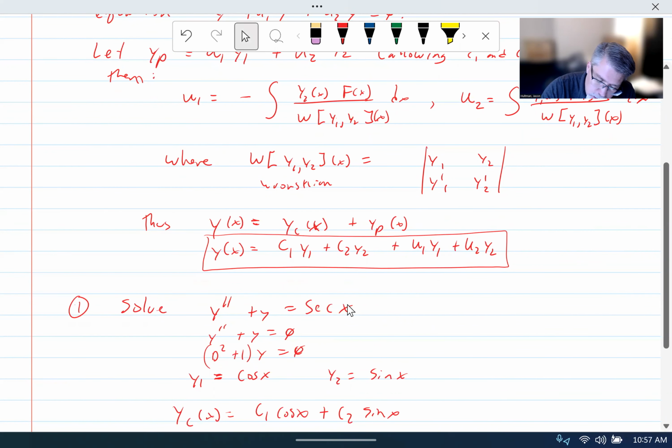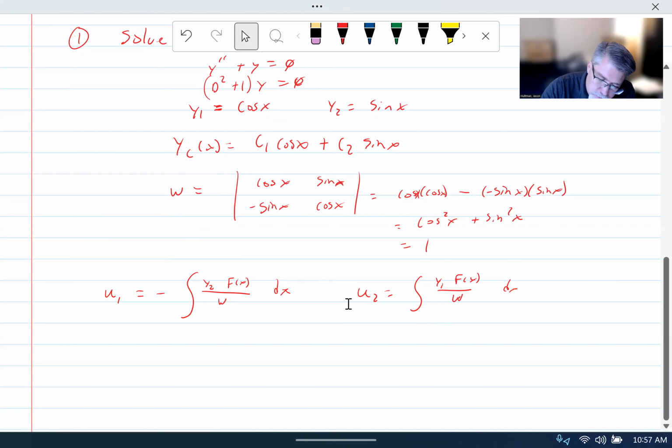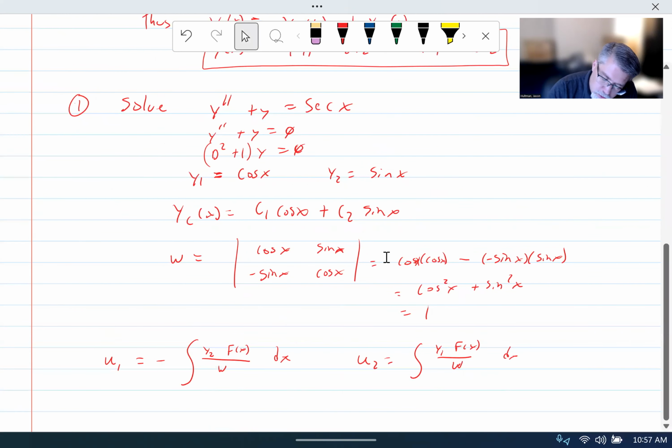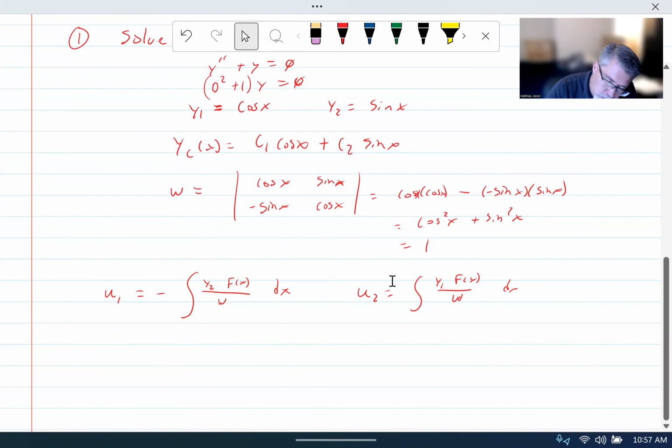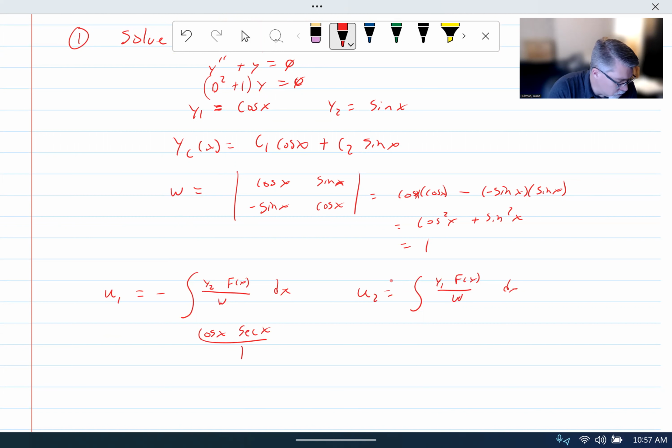Okay, secant x is my f of x. Okay, so I'm going to have y2, which is cosine x secant x over 1. Is that right? No, it's sine. Sorry, my bad. It's y2 that I want. So sine x secant x over 1 dx, the negative integral of that.